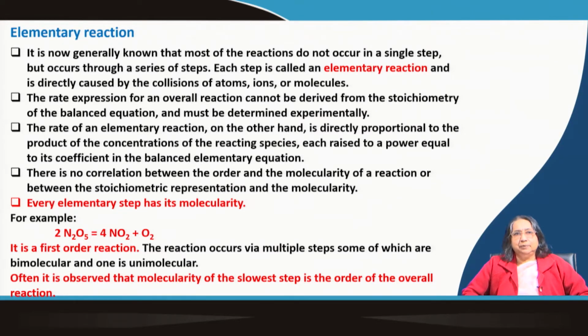Order is experimentally determined, that is for sure, but how to tell the molecularity, that is a very important thing. Often it is observed that the molecularity of the slowest step is the order of the overall reaction. So, the slowest step is a very important term to tell about the mechanism of a particular reaction. I will tell you later what it means.